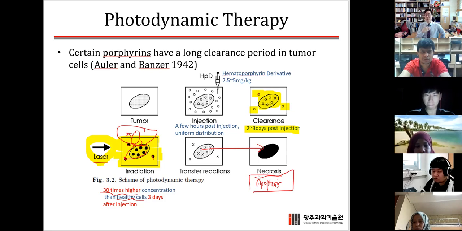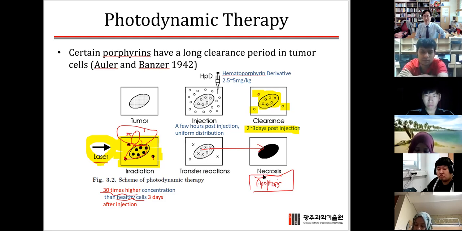Because a cell does not survive permanently, right? A cell is differentiated, and then it goes into cell death and then reproduces like that. Cell cycles are there. So apoptosis is called natural cell death. It follows the cell cycle process.